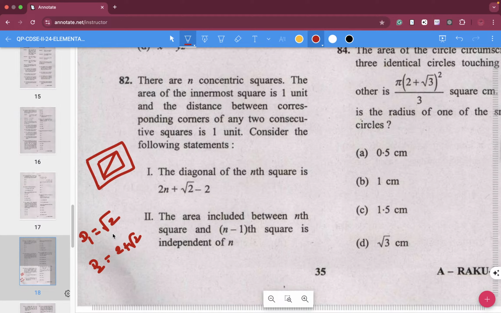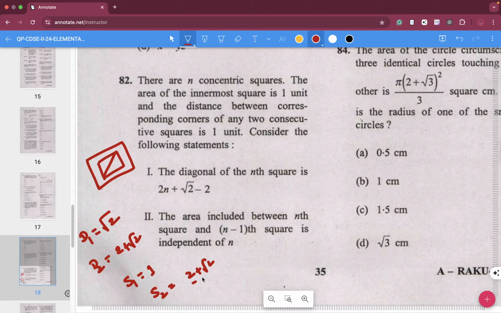We also know side 1 already is 1 unit, and side 2 will be how much?